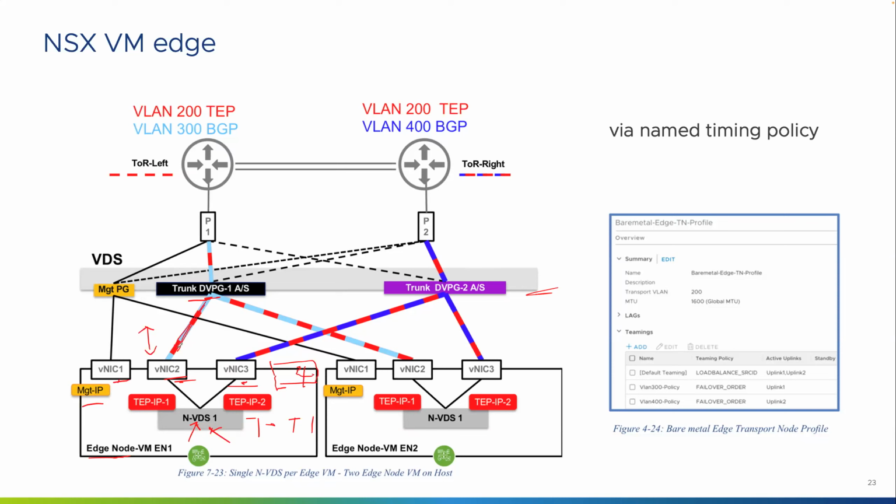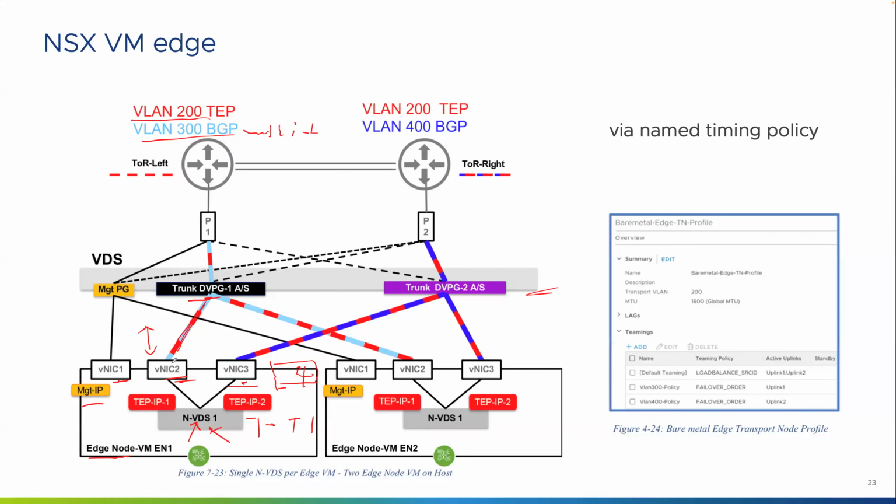For example, in this connection, we allow VLAN 300 for uplink traffic and VLAN 200 for overlay traffic.